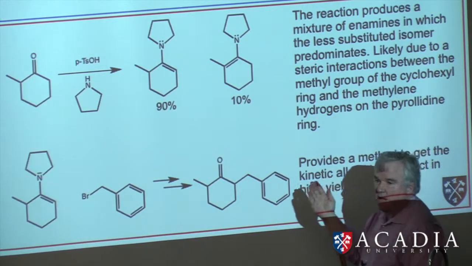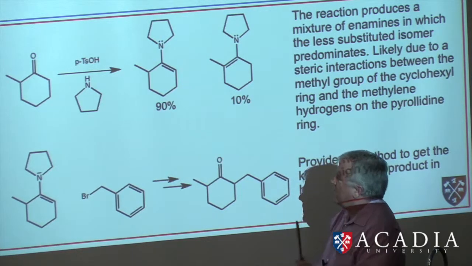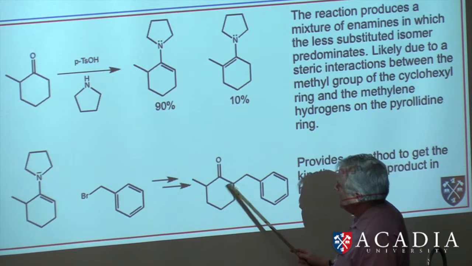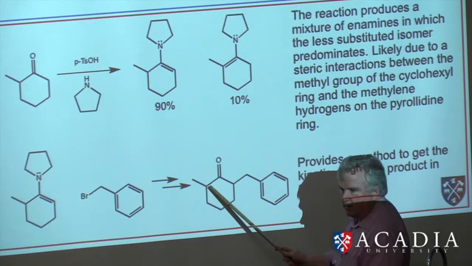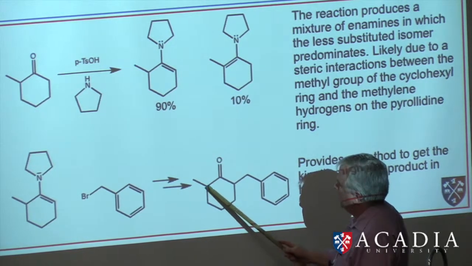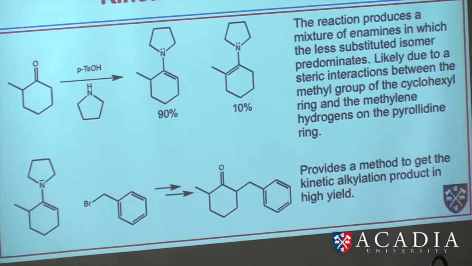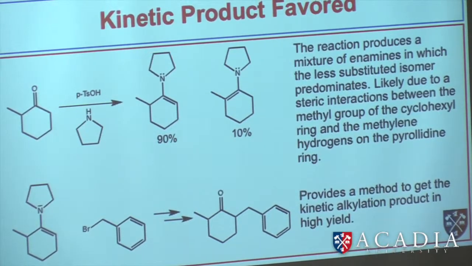Then we can clean this up. We can separate these, or we can separate them after, but we end up getting substitution on each side of it rather than the thermodynamic product, which would put our alkyl group on this side. So it just provides a method to get the kinetic alkylation product in high yield.